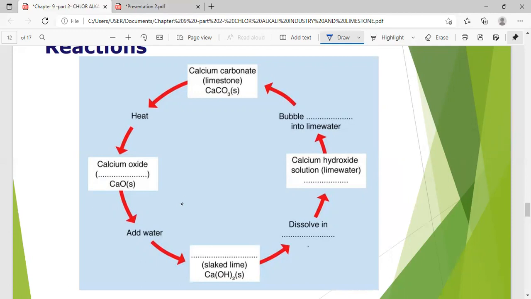Now let's continue. When calcium carbonate is heated, you get calcium oxide. So what do I write here? I write quicklime or lime. So this is the chemical formula.